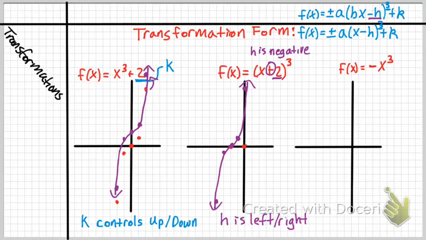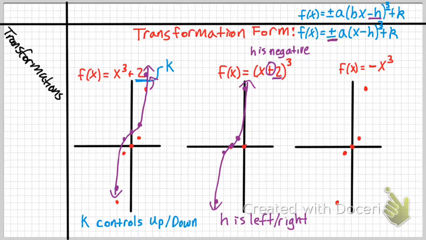All right, now we're going to start talking about the differences and the things that are kind of special about the cube function. If we plot our original points here, those are our original points, and now let's talk about what happens when we put a negative in this starting position here.